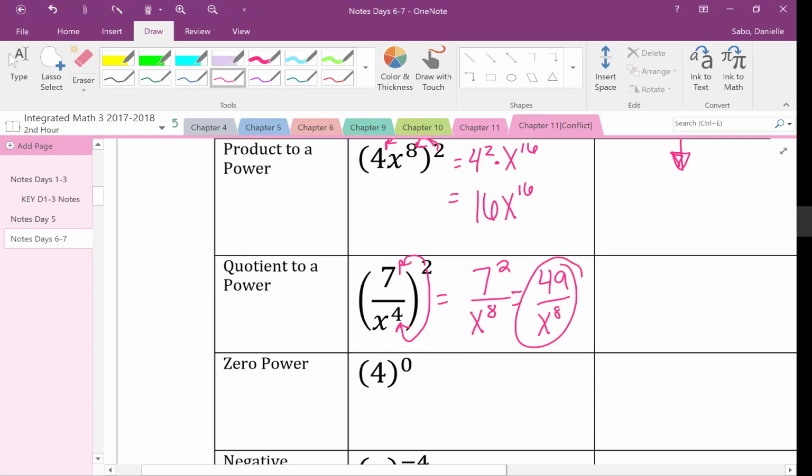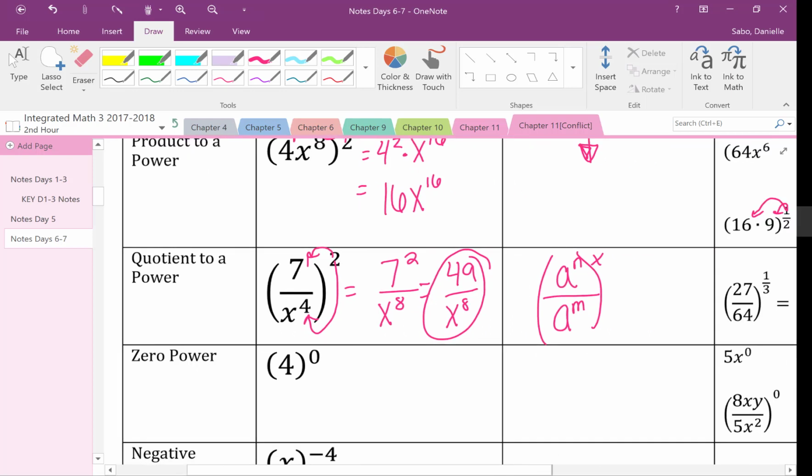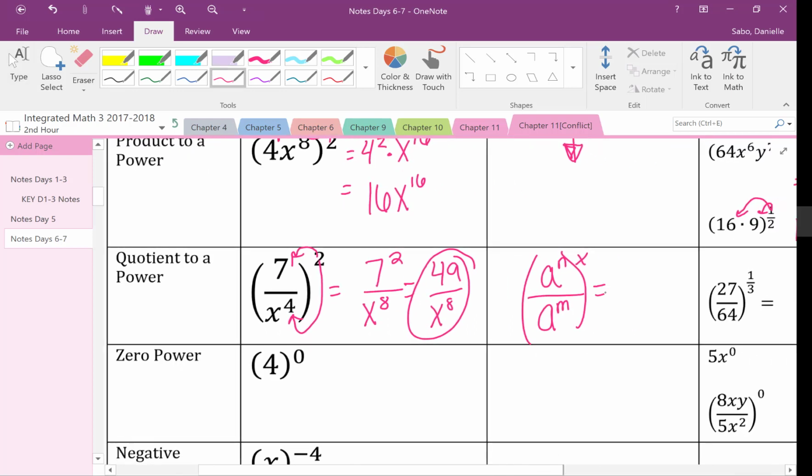Okay, so we're just going to do again another basic rule. If I have my base to the n over my base to the m, what's the next one? Maybe this is a good letter here. Let's just put x. Then you're just going to multiply it in.